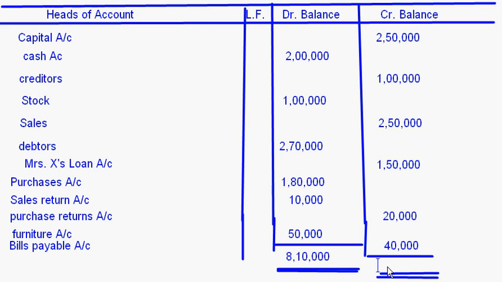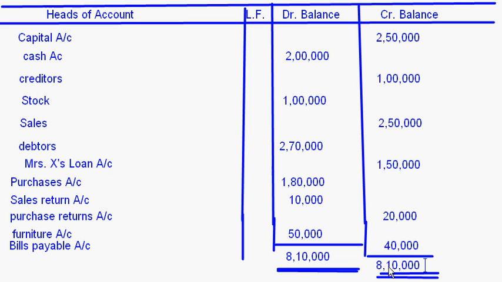Now let's do it for the credit balance side. 2,50,000 plus 1 lakh plus 2,50,000 again plus 1,50,000 plus 20,000 plus 40,000. So this is also coming as 8,10,000.